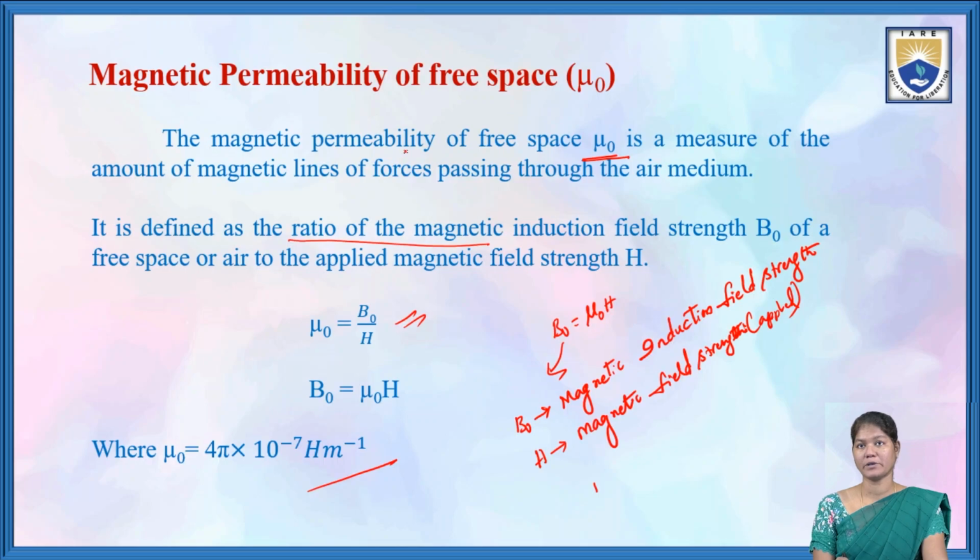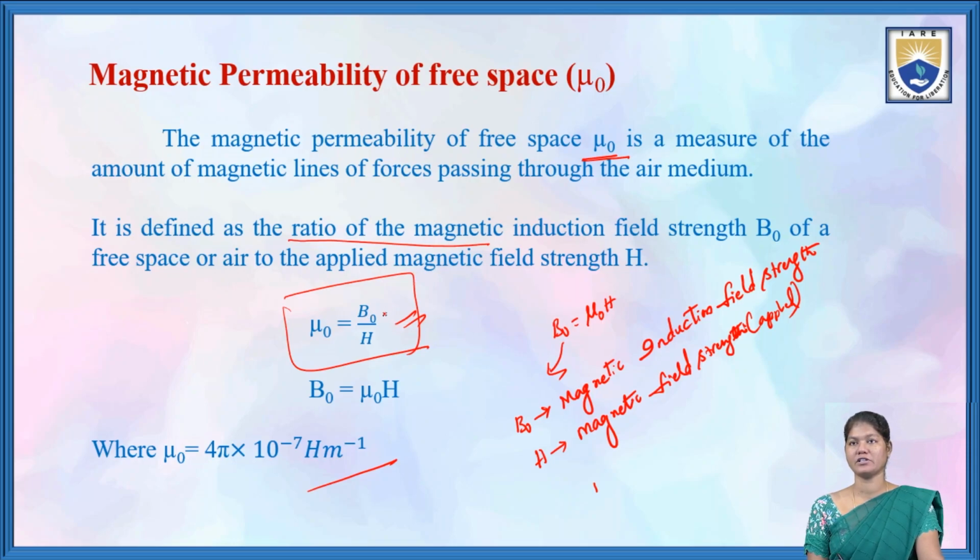Coming to the magnetic permeability of free space, mu naught is equal to B naught by H, where B naught is the magnetic flux density of the free space and H is the magnetic field strength.